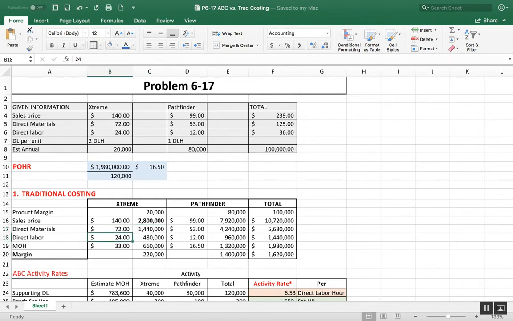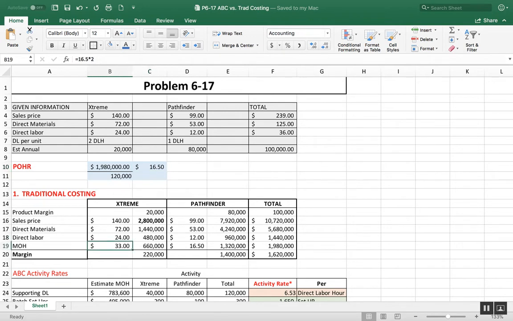Direct labor, same difference. There's the direct labor hours. There is the total, which is simply 24 times 20,000. Now, here's where things get just a teeny bit tricky. Do you remember the $16.50 per direct labor hour? Well, the Extreme boots, as you remember, take 2 direct labor hours.